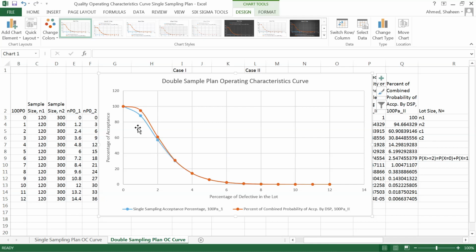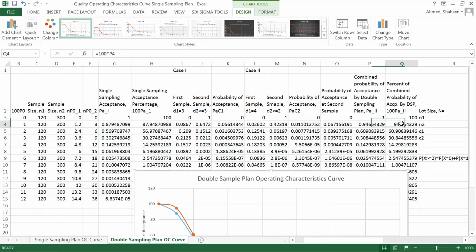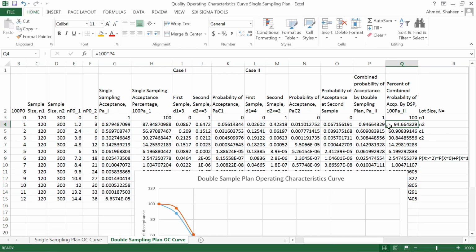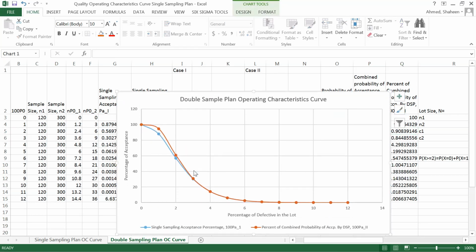On this line you can see about 95. We can actually see this probability right here. So you can see that's 94%, 95% about. In the first sampling plan, about 88%. So it's not a whole lot of improvement. This one is 57%, this one is 61%. So you get about 2-3% more chance of acceptance by doing the double sampling plan.